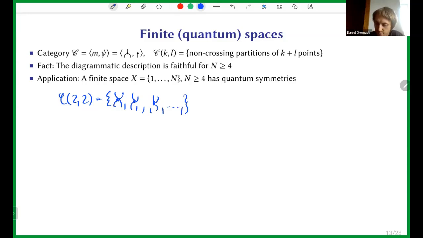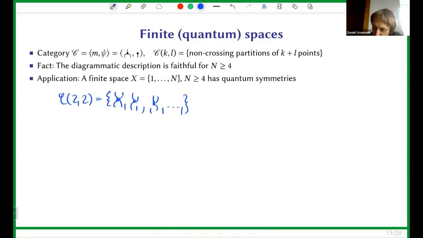And if you compute the Gram matrix here, then the determinant is non-zero. So mapping this to linear operators makes it faithful.